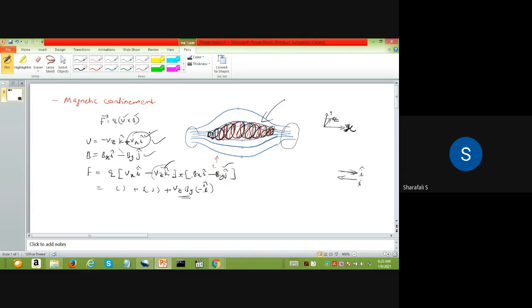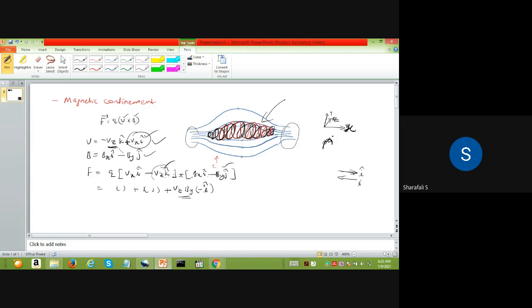The components will be minus Vz k cap, that Z is coming, which means that the particle is coming from the backward of the screen towards you. It is that kind of motion.